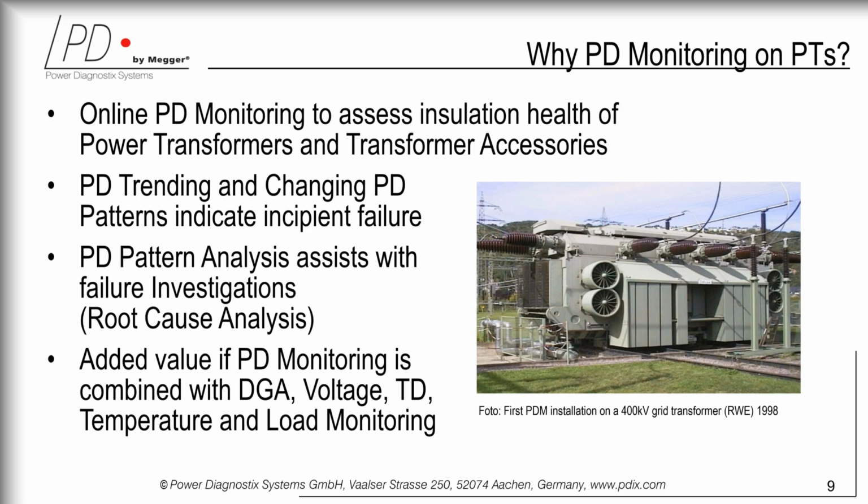But my particular advice after working in this field for a while is to actually have partial discharge combined with DGA, combined with time delta, and so on and so forth. But partial discharge can give a very good initial quality and quantitative measurement of what's happening inside of the transformer, inside of its tank, inside of its bushings, etc.